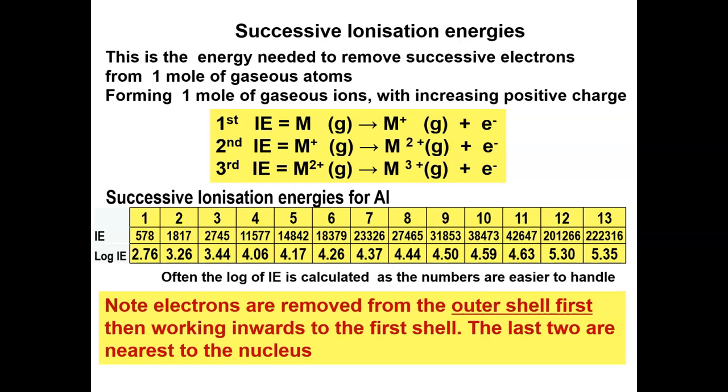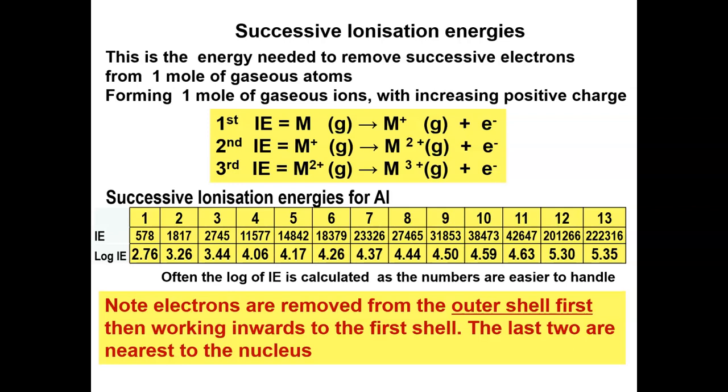Of course, the number of nuclear protons in aluminium stays at 13. As we remove the electrons one by one, 13, then 12, then 11, then 10, and so on, the number of protons is staying the same, the electrons are getting fewer, and again, of course, closer as we strip them off. So the nuclear attraction and the shielding come into play here.